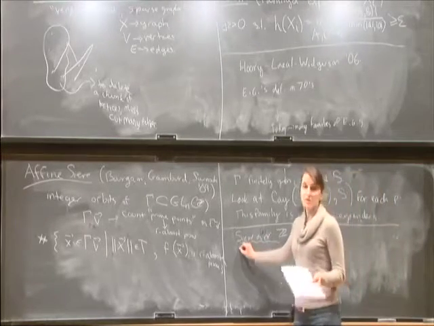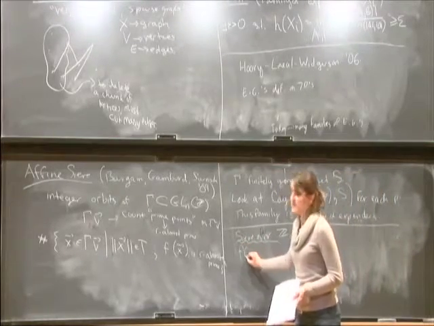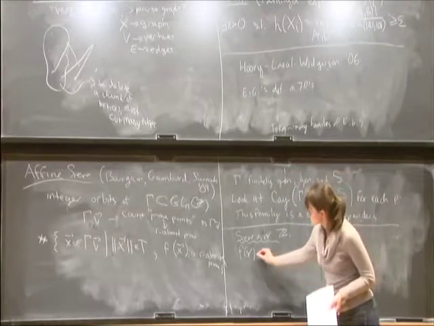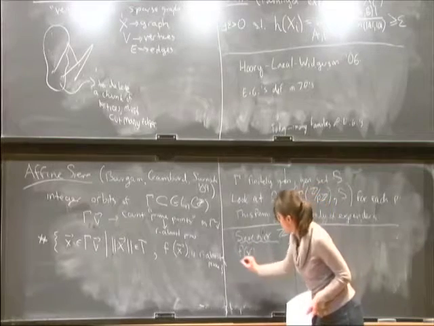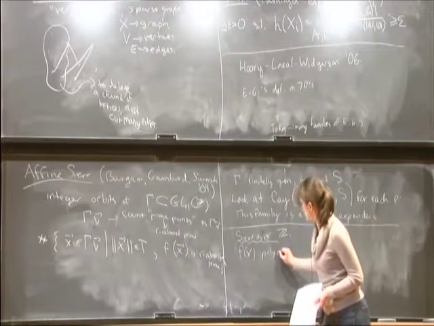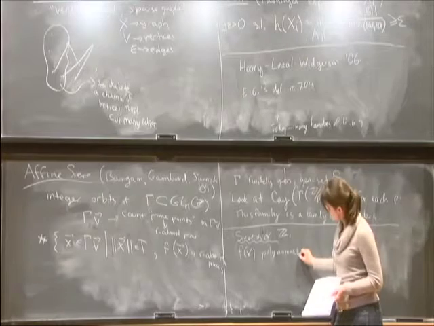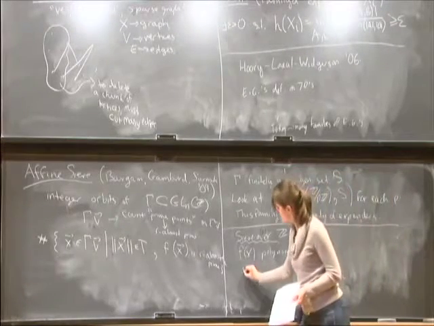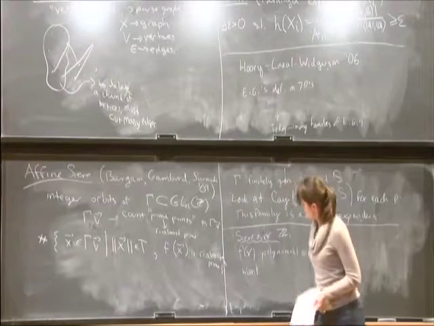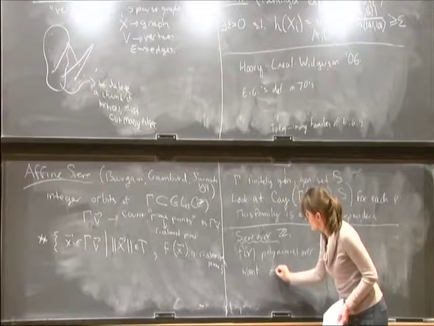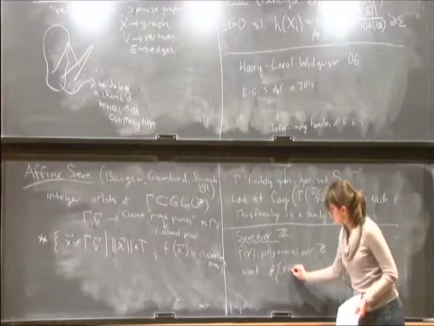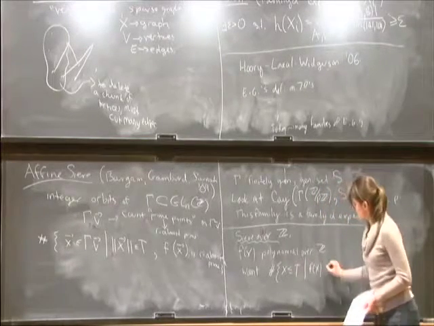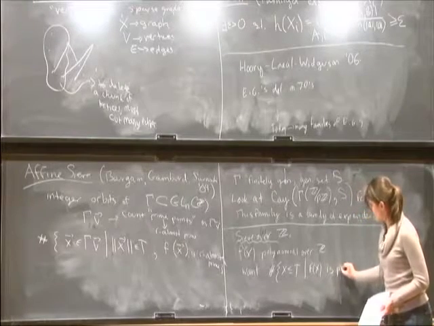Okay, so let's say you have a polynomial over Z. I'll try not to make this too technical, because talks about sieves tend to get quite technical very quickly. So let's say I have a polynomial f(x) over Z. And I want to count the number of x less than or equal to T such that f(x) is prime.